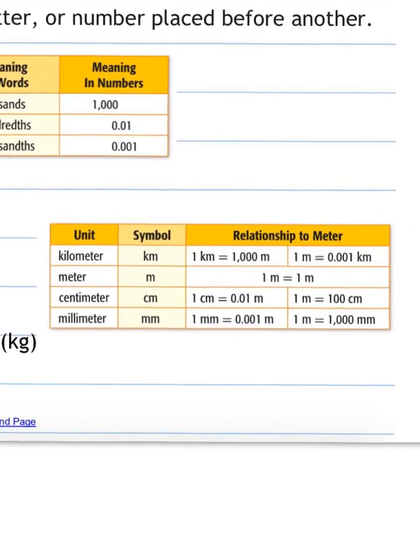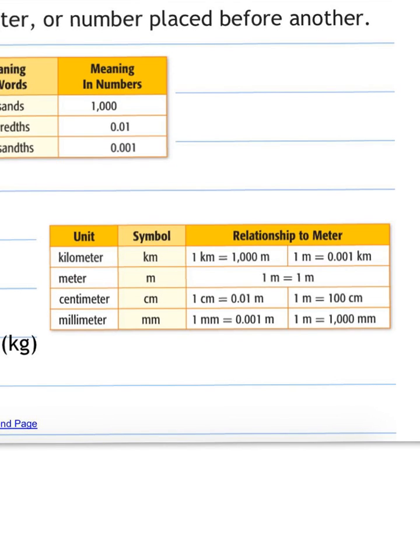And here's another chart for us showing the different units and their symbols. So the kilometer, which is km, and it also tells us about the meter. So meter is kind of like our base. So 1 kilometer equals 1,000 meters, and 1 meter, going the other way now, equals 0.001 kilometers, or 1,000th of a kilometer.